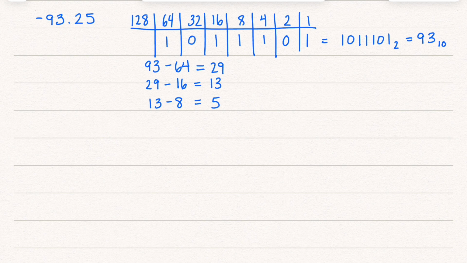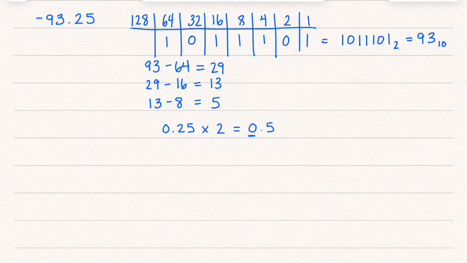Now I want to write the 0.25 as binary as well, and to do that we're going to use a different method. We're going to take the 0.25 and multiply it by 2, which gets us to 0.5. Okay, I'm going to record the 0 and keep going with the 0.5.